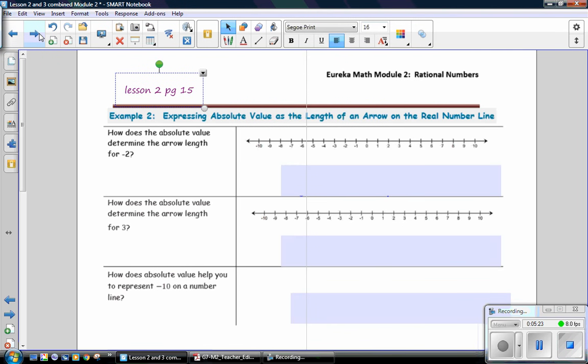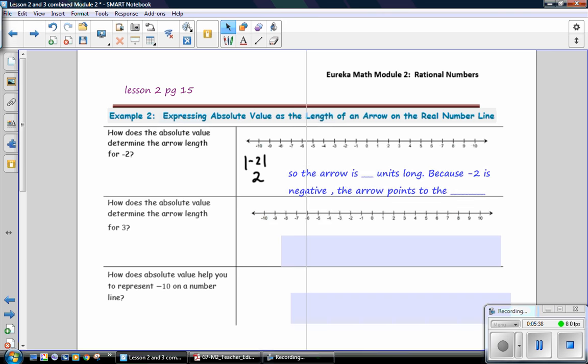How does the absolute value determine the arrow length for -2? The absolute value of -2 is 2. So the arrow is 2 units long.